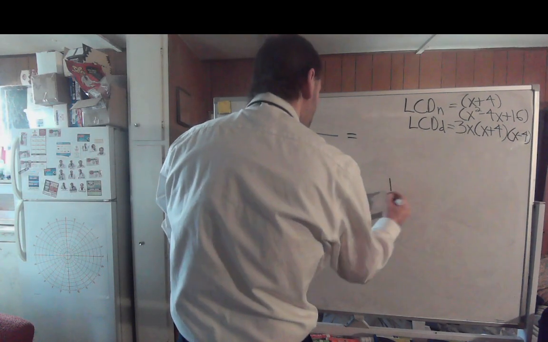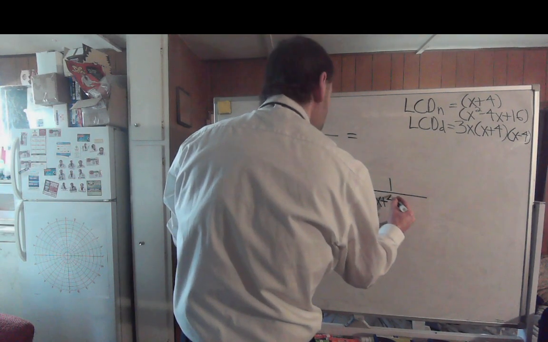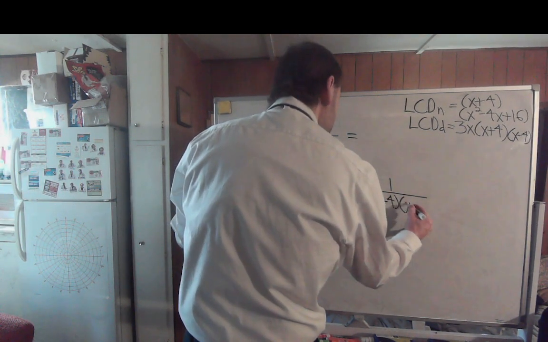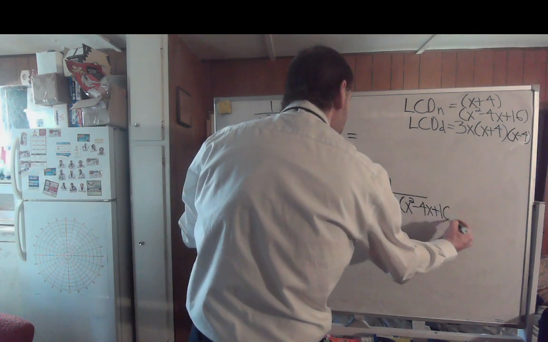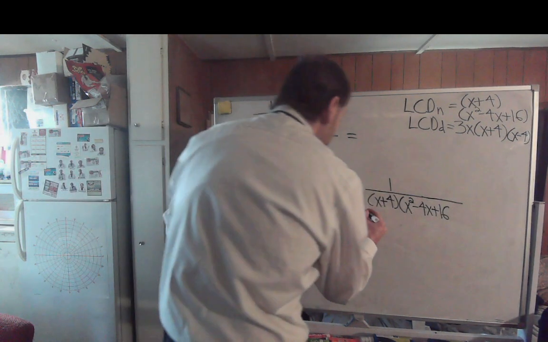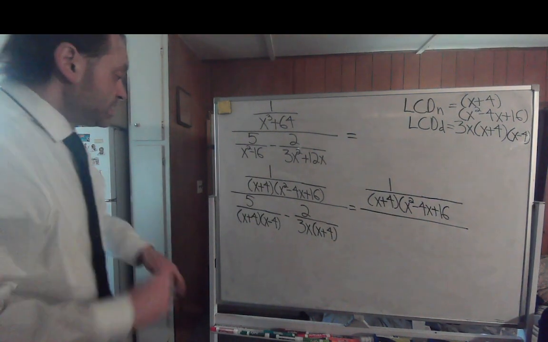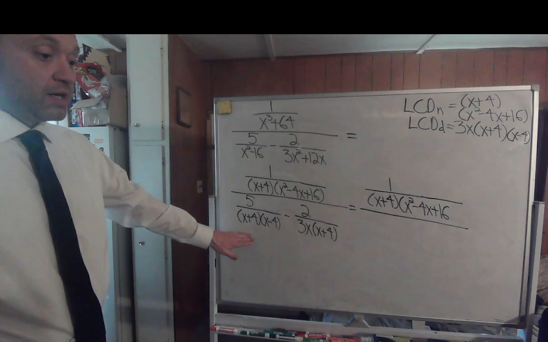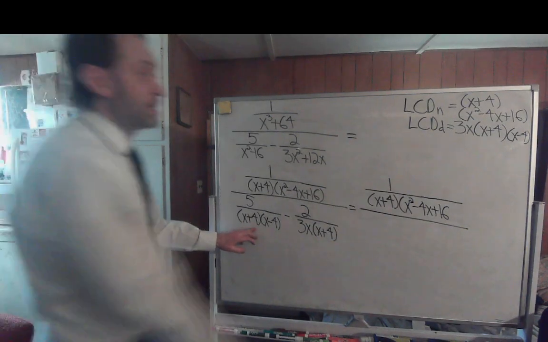So this will be 1 over the quantity of x plus 4 times x squared minus 4x plus 16. All that. Now let's deal with this denominator business. So your denominator of the first term of your denominator is x plus 4 times x minus 4.